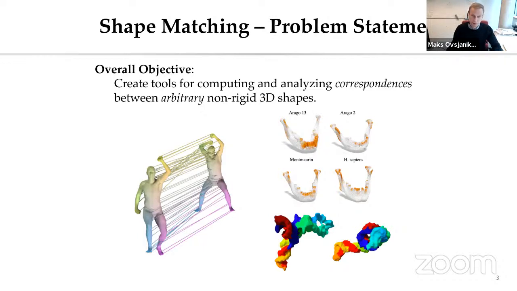They can be, for example, human body scans, or something more general: we've recently worked with paleontologists who analyze jaws of prehistoric humans, or even with molecular surfaces. Ideally, the tools that we develop should not be limited to a particular class. We want them to be as generic as possible.